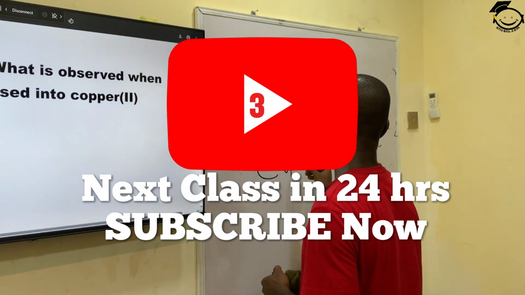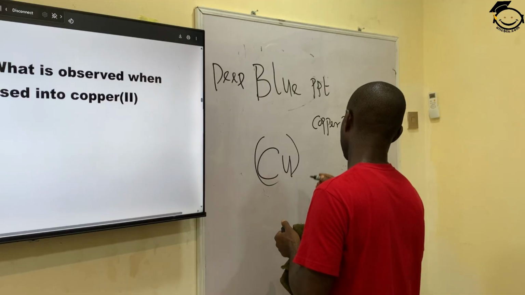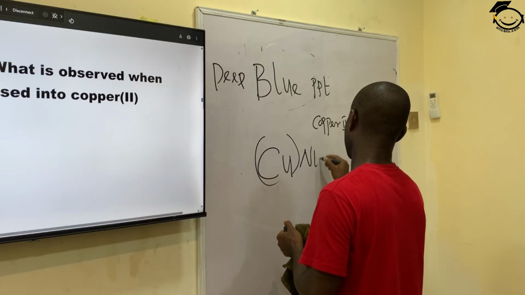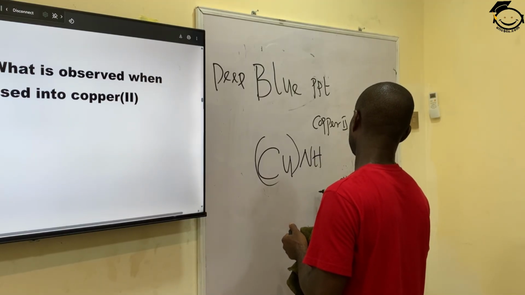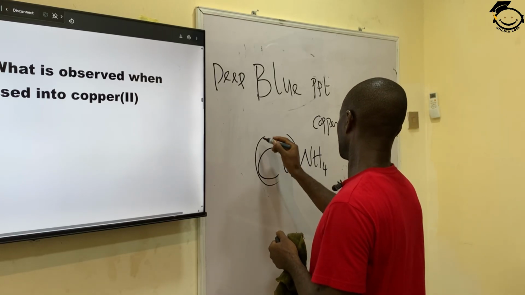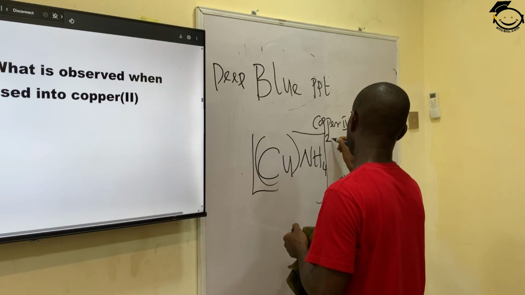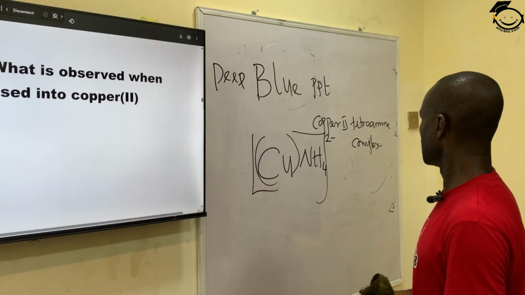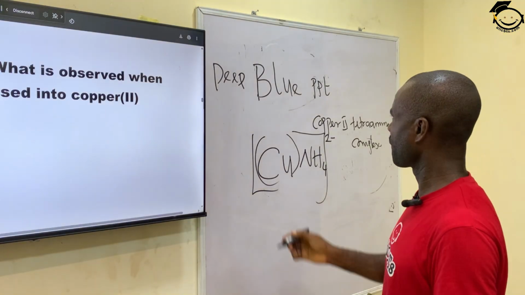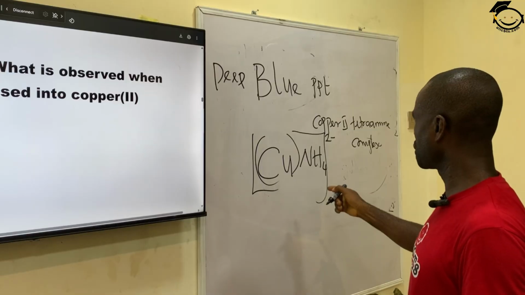The complex is written as copper II tetraammine. So the solution will turn deep blue with a precipitate, which is soluble in excess.